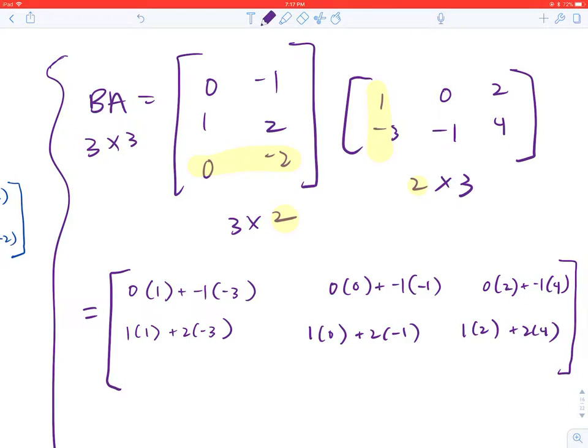Okay, and then row 3 by column 1. Row 3 by column 2. And row 3 by column 3.